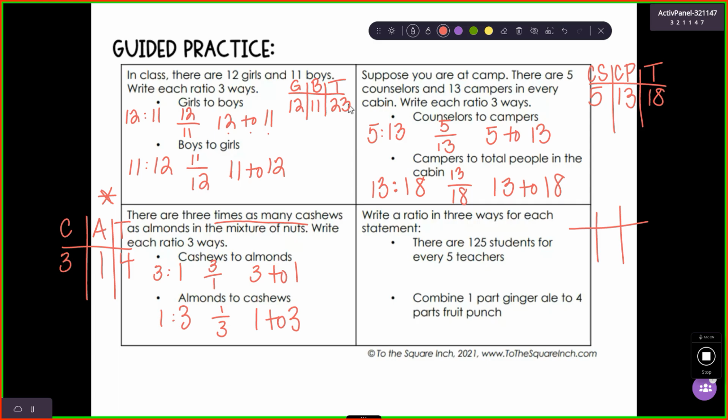So you ready? So now I have my ratio table. Write a ratio in 3 ways for each statement. There are 125 students for every 5 teachers.